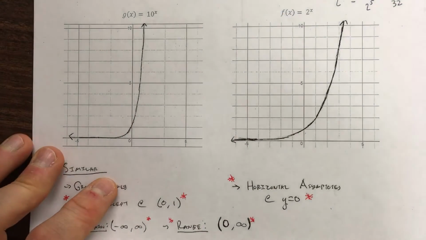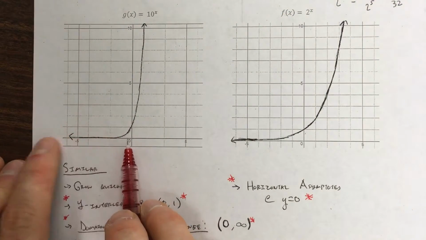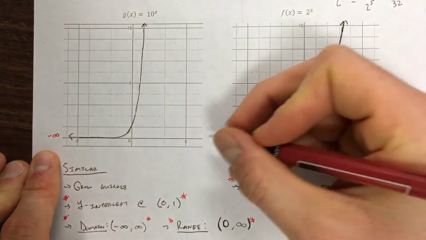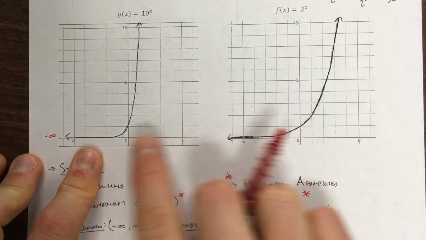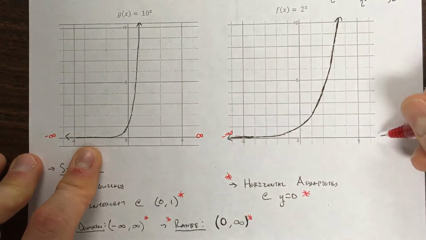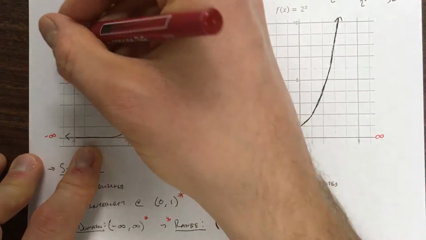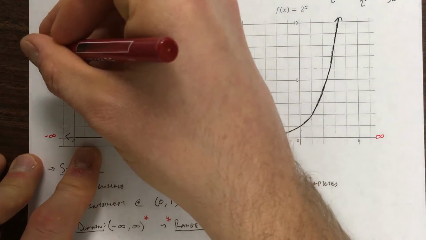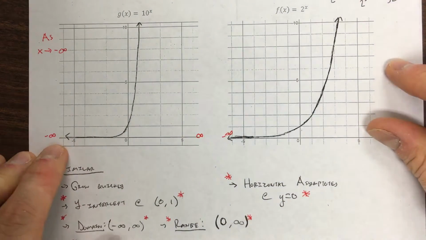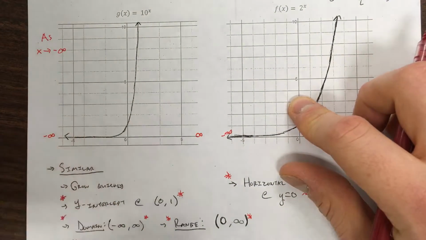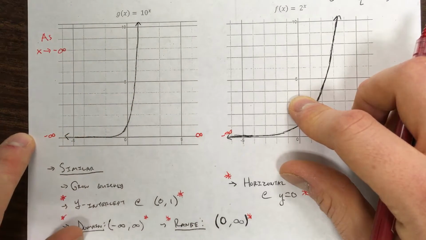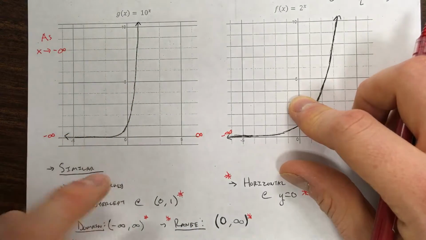If it helps you, if x is going forever in the left-hand direction, that is going to be negative infinity. If it goes forever in the right-hand direction, it's going towards positive infinity. So on the left hand, we can say as x approaches negative infinity, that's a fancy way of saying as we continue to follow the function to the left, then what's happening?